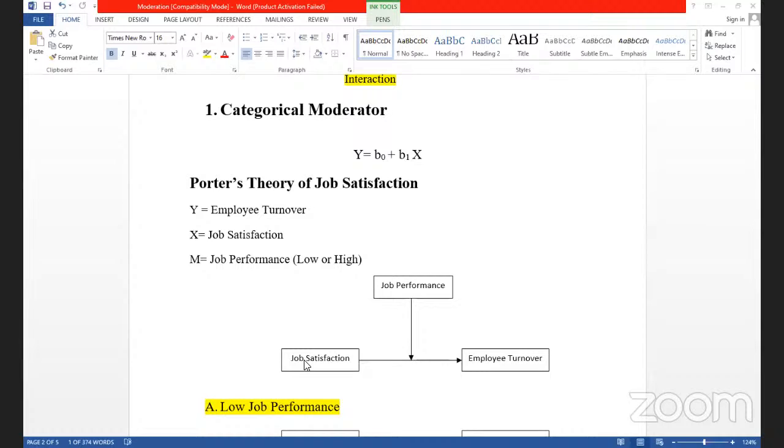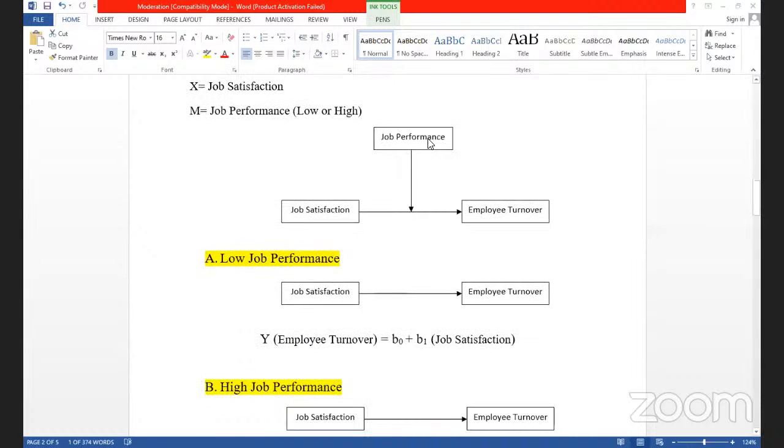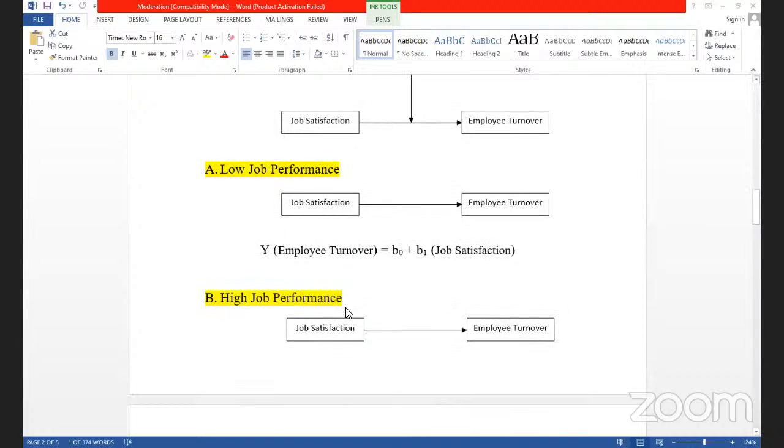Now, through the categorical moderator, what will we do? We will divide our group into two, one for low job performers and another for high job performers.